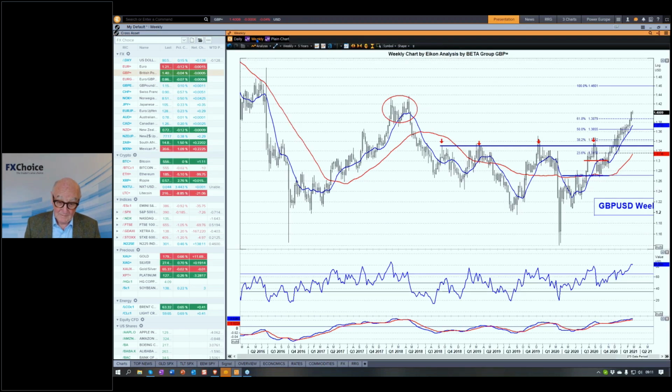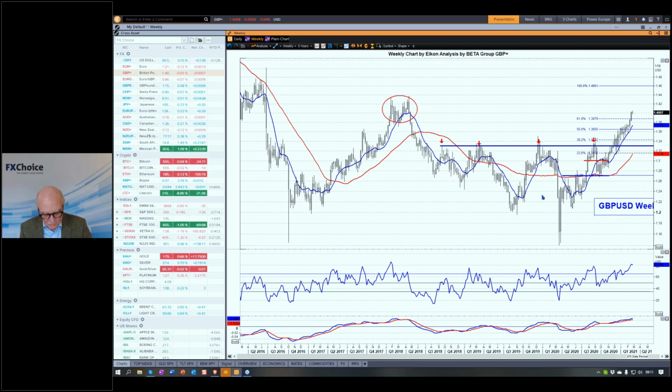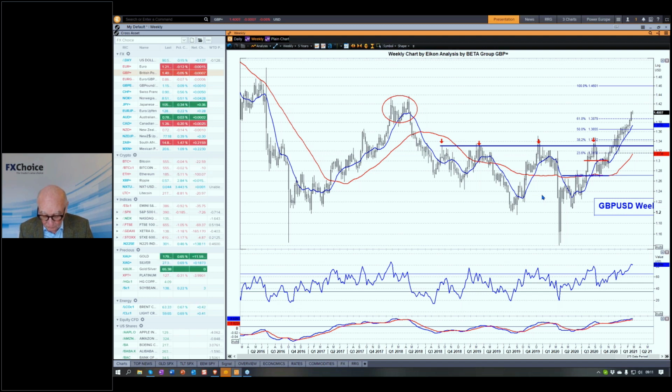So let's again start with the weekly chart of this. It's definitely strong. It's really, really strong. It is powering ahead towards a test of this big double top here from 2018, and I don't think this is going to present enormous resistance.